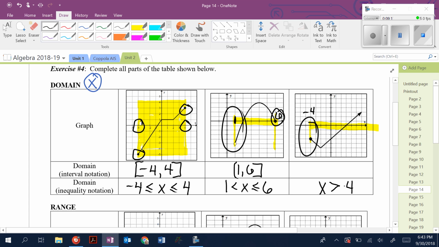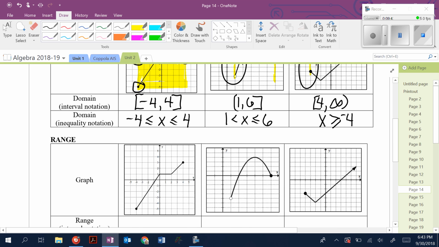Can it equal -4? Yes, it can. So bigger than or equal to. Now, in interval notation, we start at -4, it can equal -4, but it can go all the way to infinity because of this arrow here. And remember, infinity is nice, cute, and rounded, so it gets a nice, cute, rounded bracket.